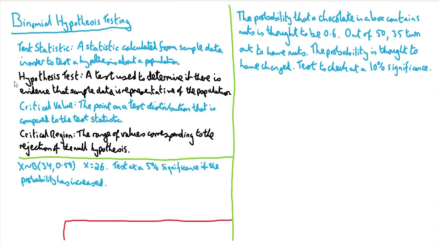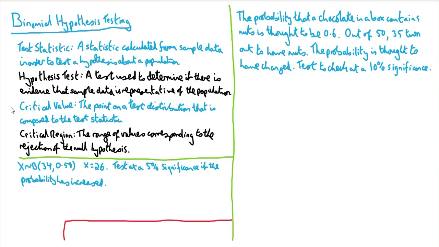Now, when you're doing your hypothesis test, you may come across something called a critical value, and we'll define the critical value as the point on the test distribution that is compared to the test statistic. Basically, when you've taken your hypothesis test, from the sample group that you are working with, you will come up with your own value in your own calculations.